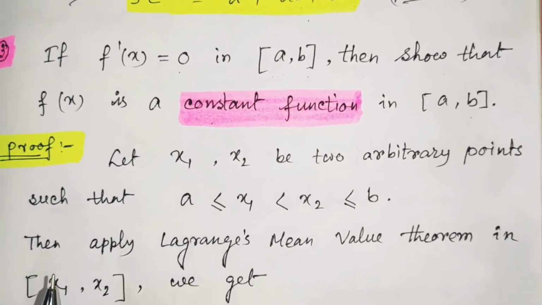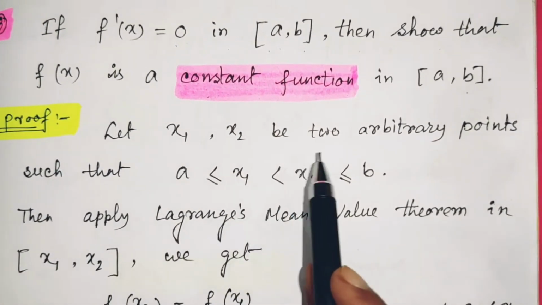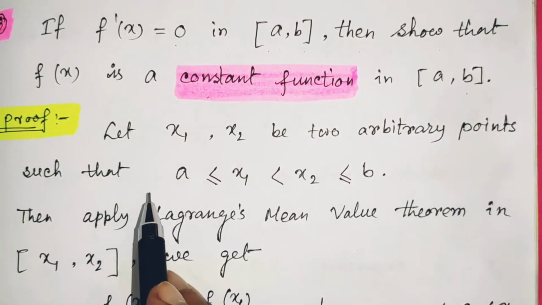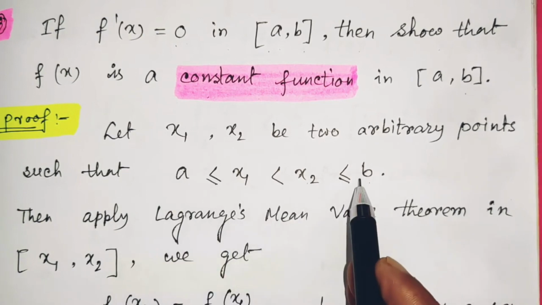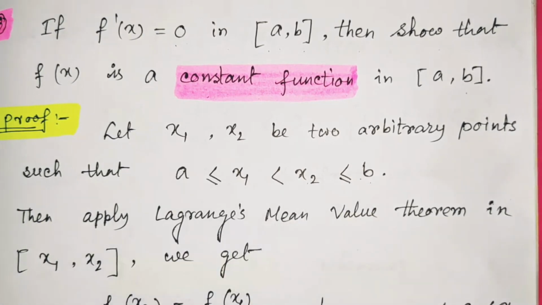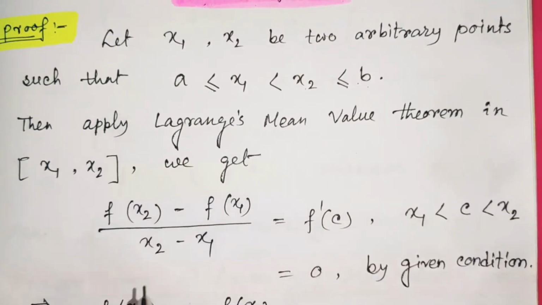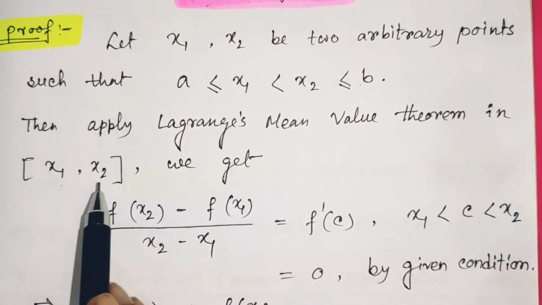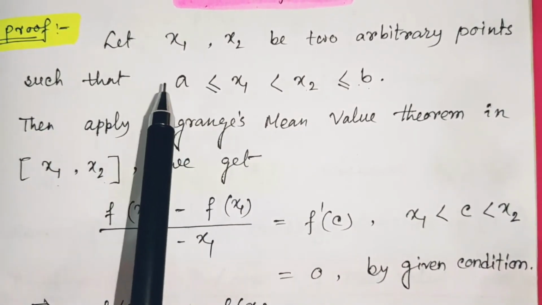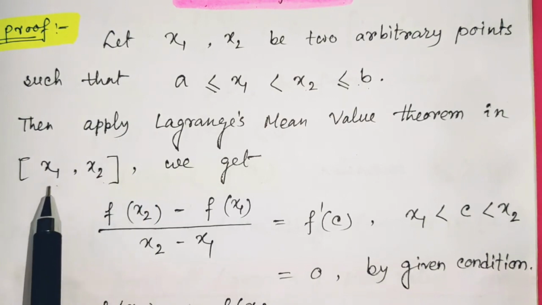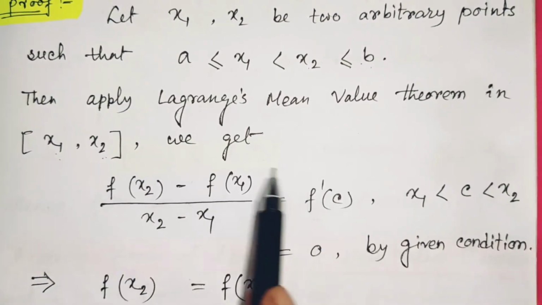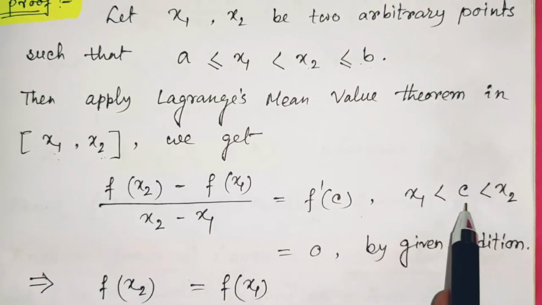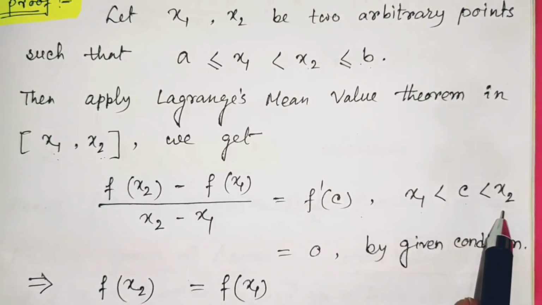At first let x1 and x2 be two arbitrary points such that these two points lie in between the interval a and b. Then we apply the mean value theorem within the range x1 and x2. So within this range, this is the formula for the mean value theorem. So definitely c lies in between x1 and x2.